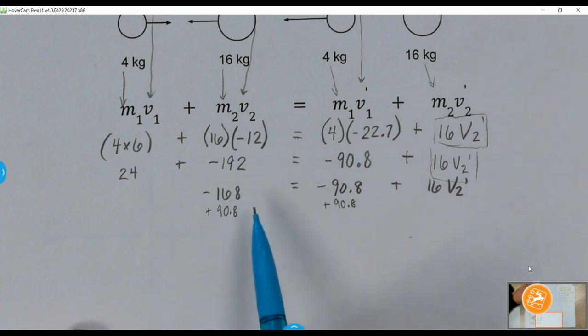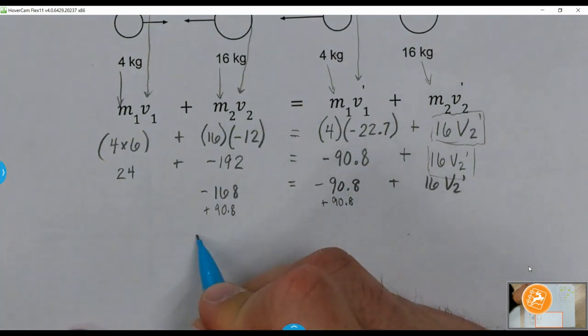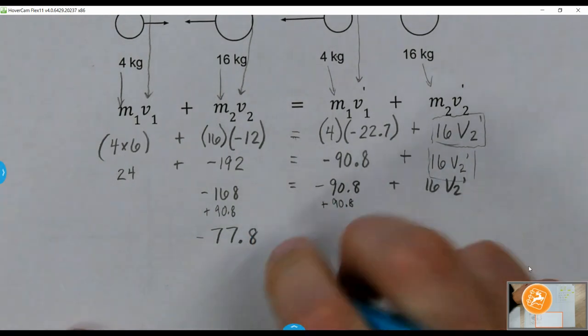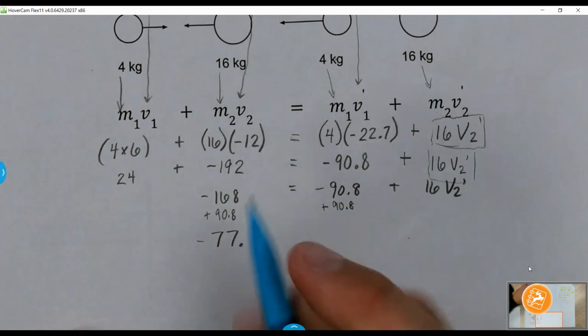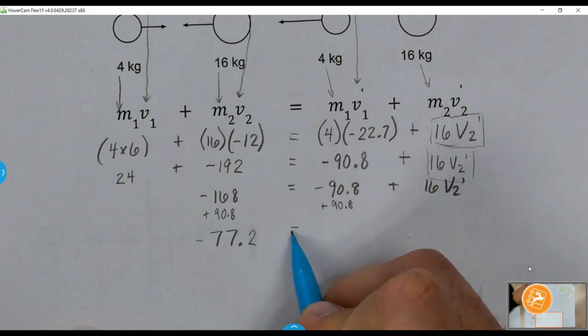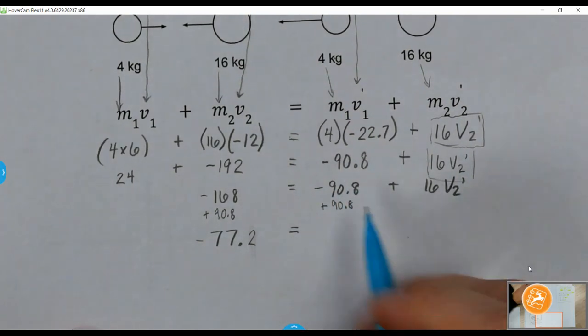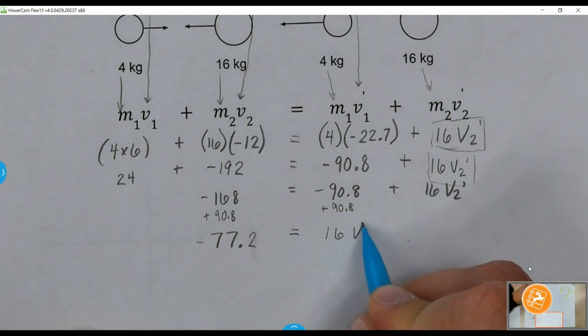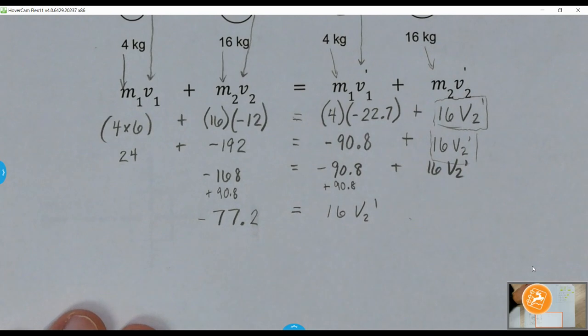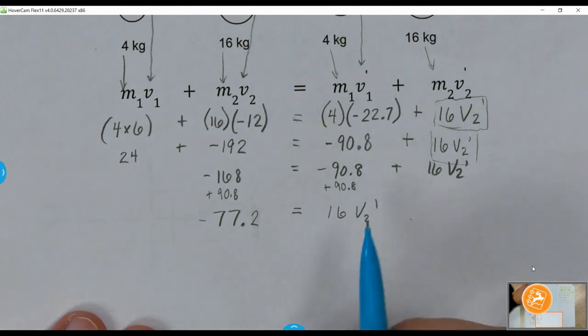Okay, when you do this, this gives us negative 77.8. Nope, 77.2. My apologies. Equals, now that that's gone, we're left with our 16 V2 prime. Now, how do I get V2 by itself?